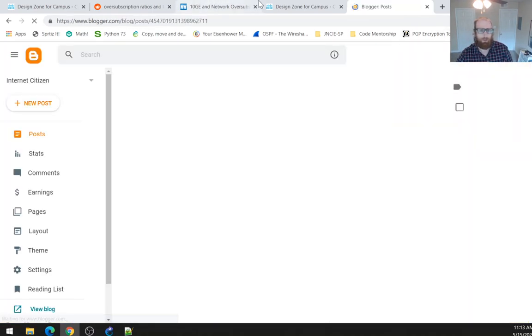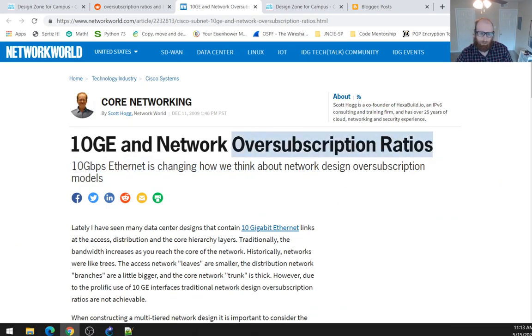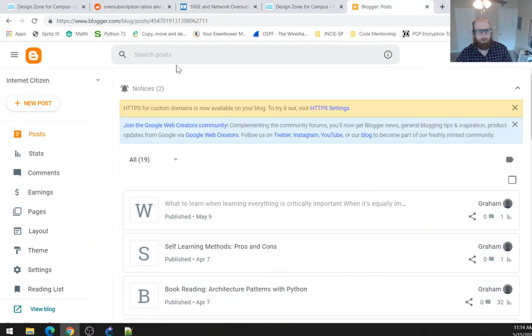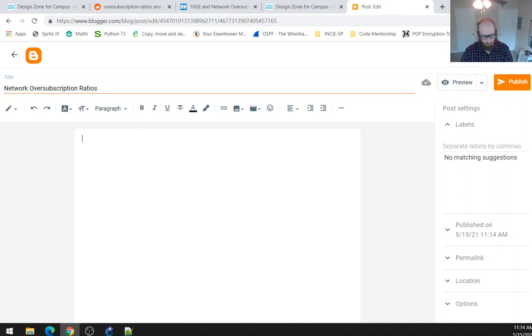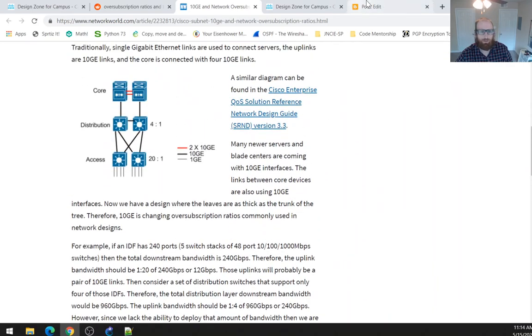So let me make a new post, and we're going to say syntax equals most common syntax equals access to uplink, rule of thumb, ratio 20-to-1 access.